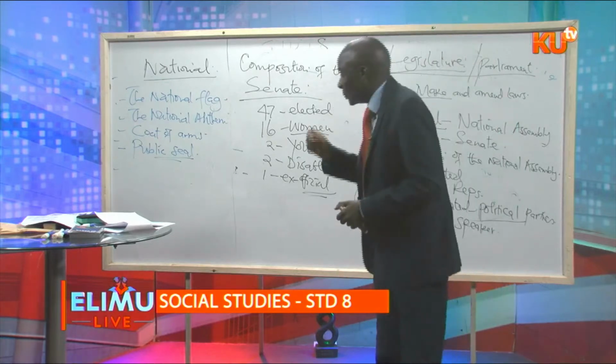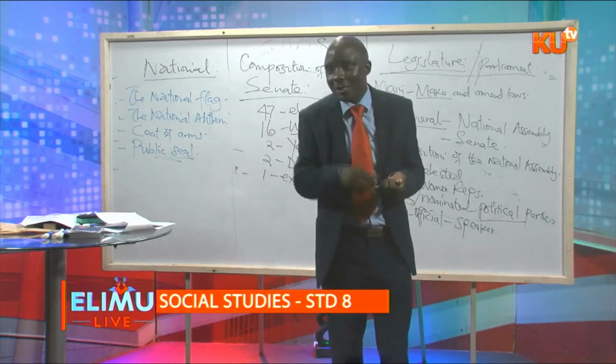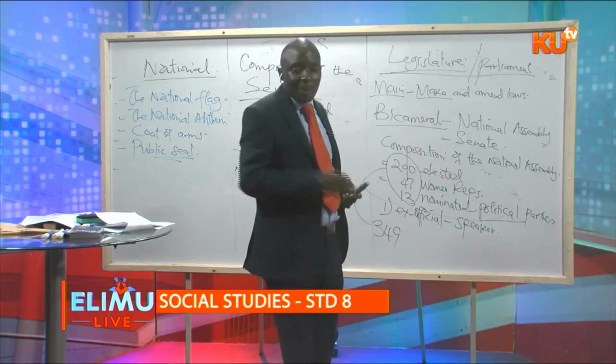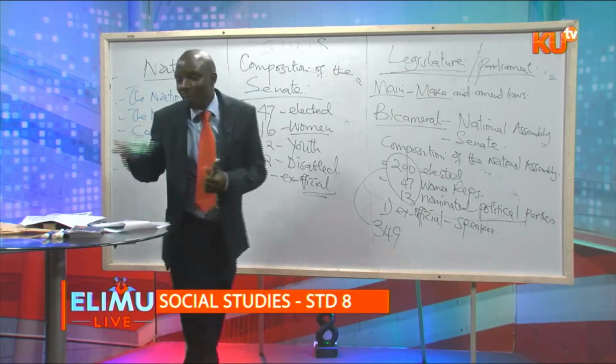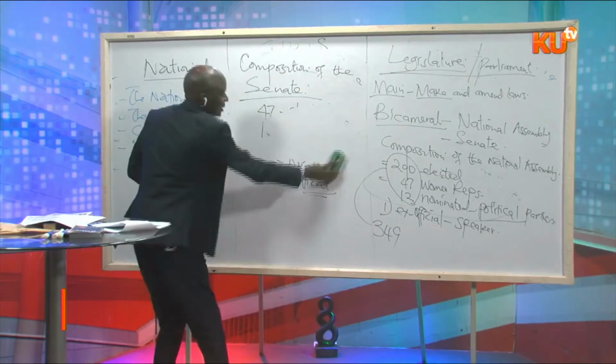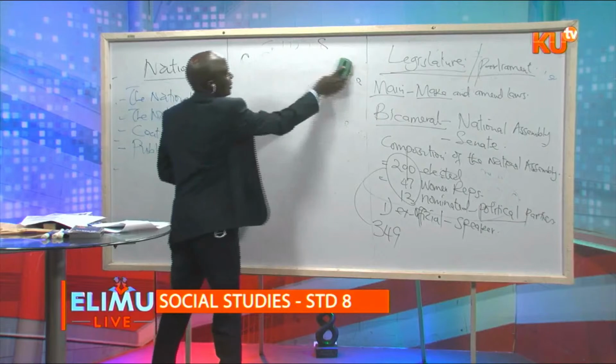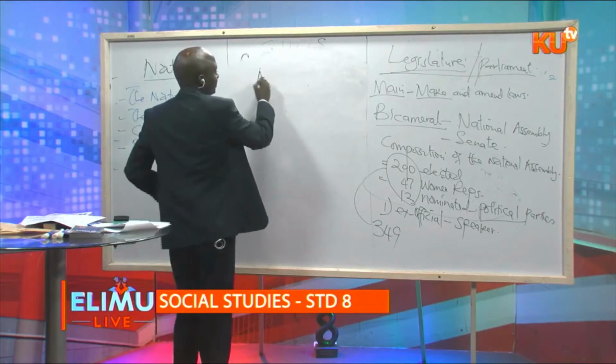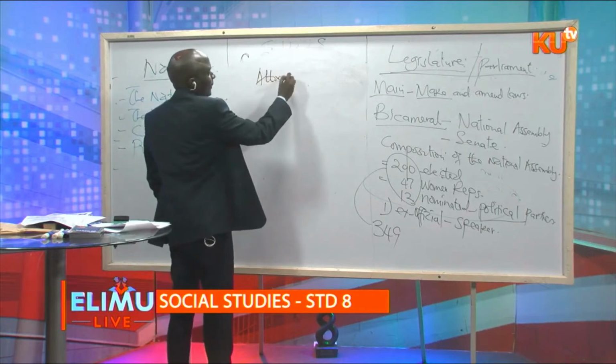If you can write to us your answer, we can look at it, but I am going to give you the answer. That official who belongs both to the executive and to the judiciary, actually that is the Attorney General. The Attorney General.